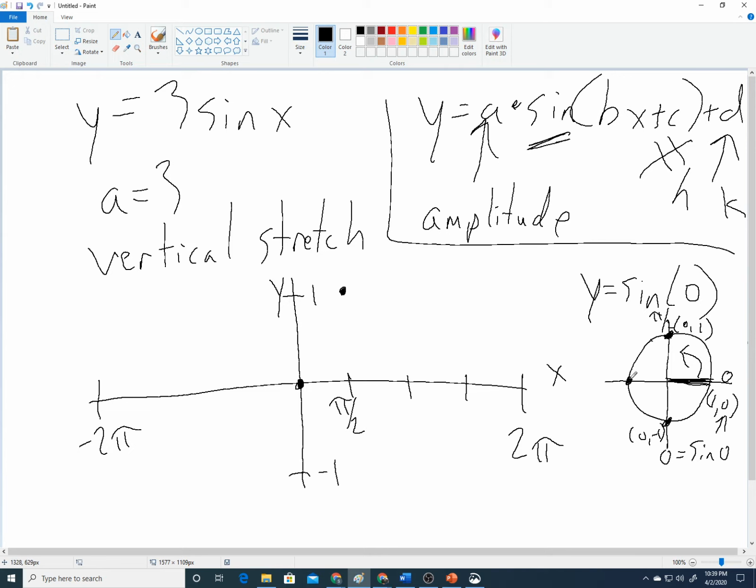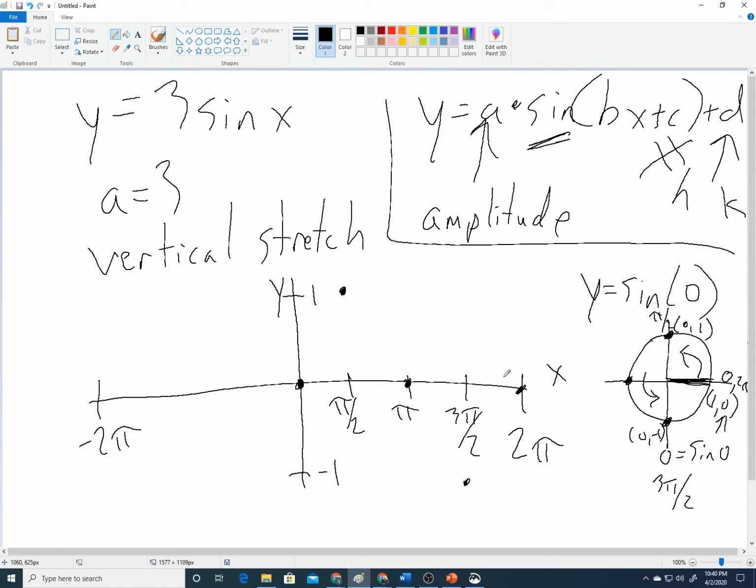When we came here to pi, our y value at that point was 0 once again. As we kept going around the unit circle, at 3 pi over 2, we were at our minimum. And then 2 pi was at the same place as 0 radians. We were back to here.